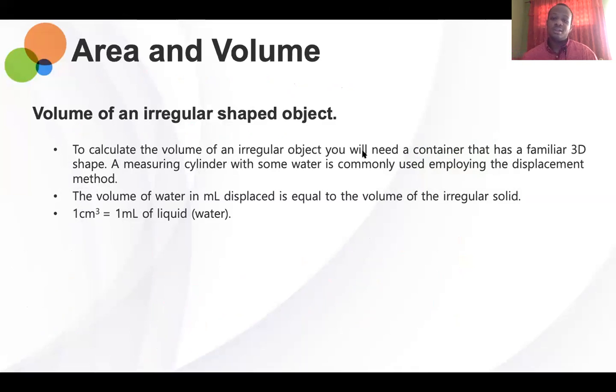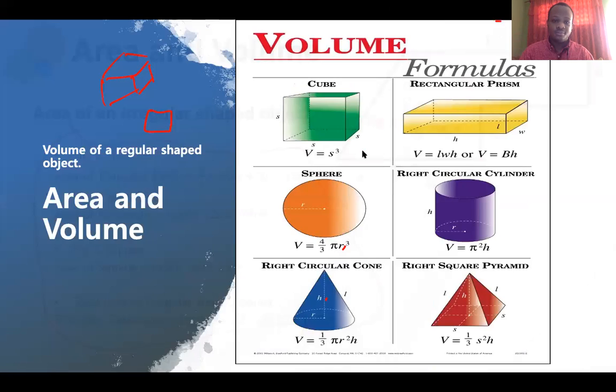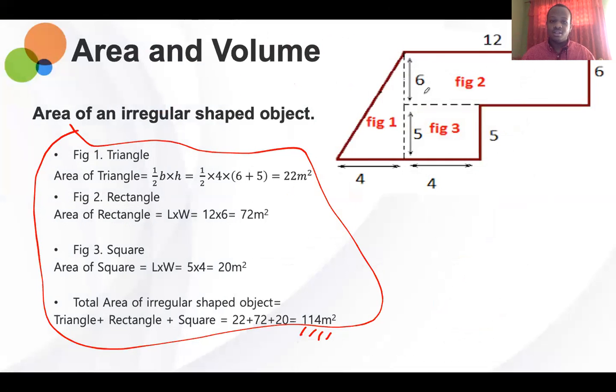This is where it gets interesting, right? Because we spoke about the area of an irregular shaped object. Remember we spoke about that. This guy right here. We weren't able to find a formula for this, so we had to break it down into shapes that we could recognize.